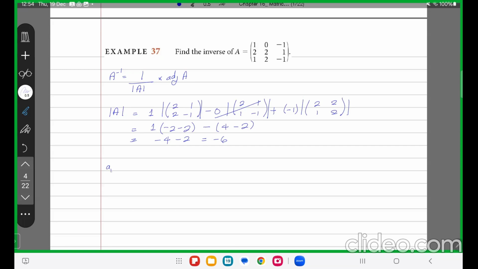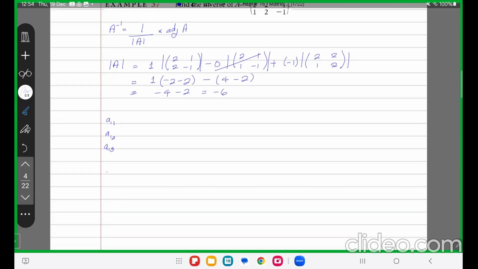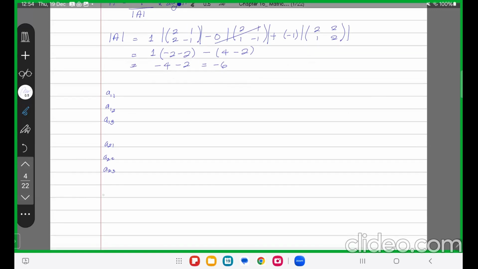First row, first element, first row. All right, second row. Third row.